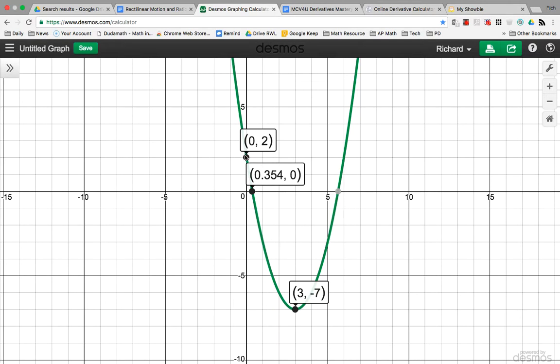So 2 meters plus 7 meters is 9 meters, plus another 4 meters is 13 meters. So that is the distance they traveled, if this is an S of t curve.